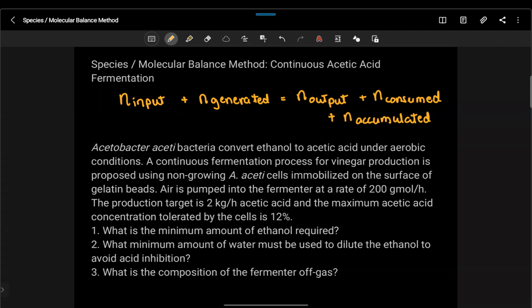in the problem. Basically, remember your material balance will have this equation or general formula that you can see in the slide. So you have moles input plus moles generated equals moles output plus moles consumed plus moles accumulated.